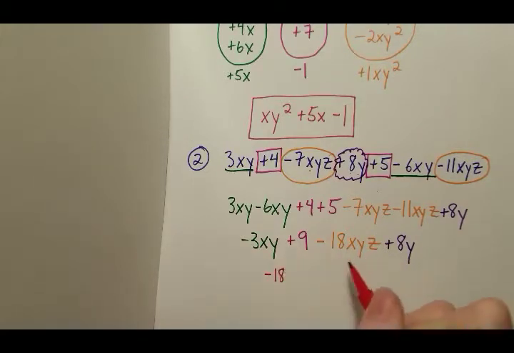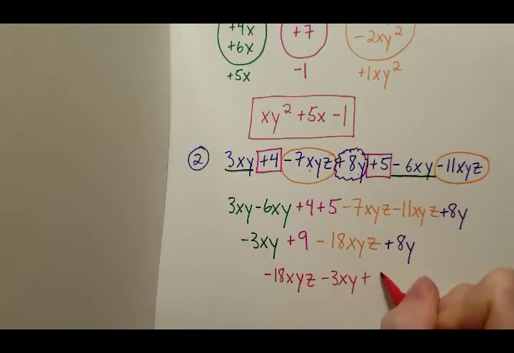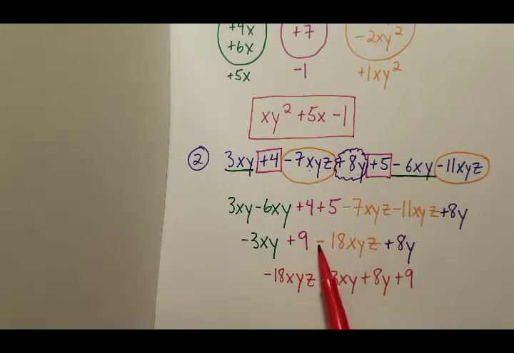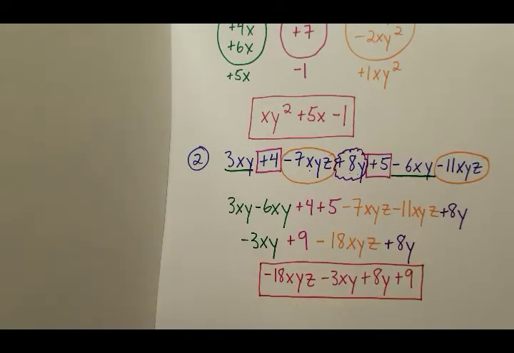So I'm going to start with the most variables first: minus 18xyz minus 3xy plus 8y plus 9. And notice things move with that symbol to the left. Okay, so hopefully you're now getting a better understanding of how to identify and combine like terms in an algebraic expression.